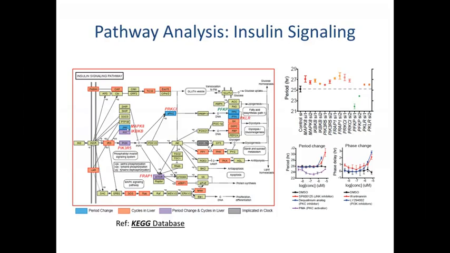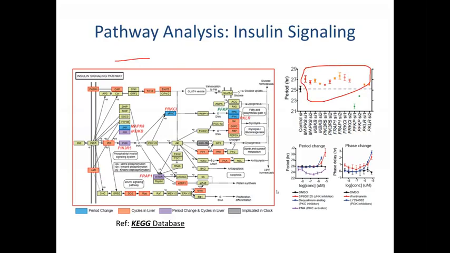So we can see that approximately half of the components of the insulin pathway are under clock control, and approximately a quarter of the insulin pathway, when you inhibit those factors, it feeds back on the clock, mostly making the clock go long period, and that's shown over here.